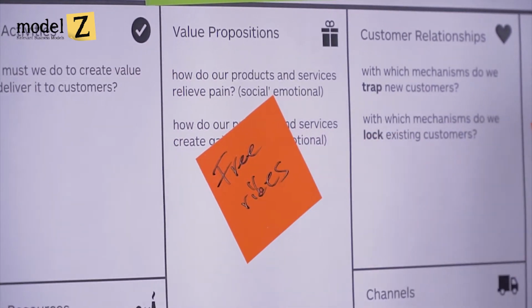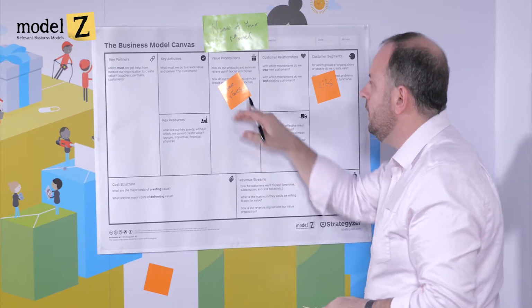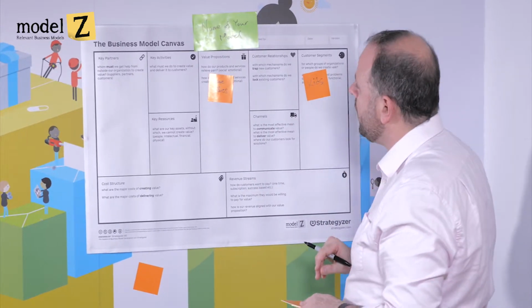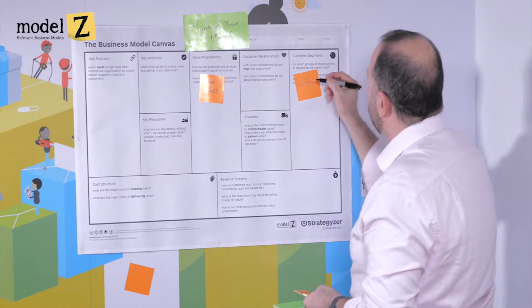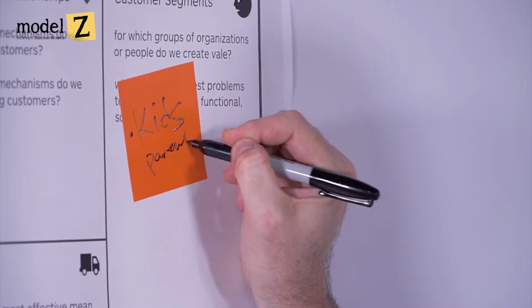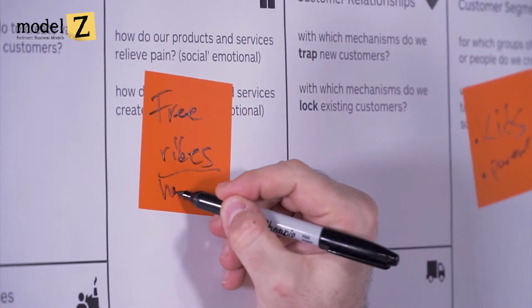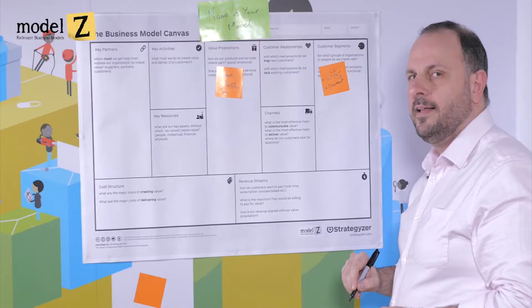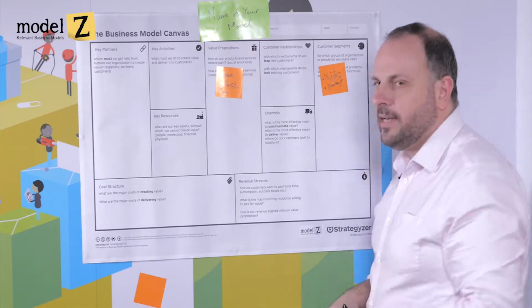Let's say we're talking about a business model that offers them free rides on a carousel in an amusement park. And then we have parents. Oh, but wait a minute. I'll write kids, and then parents, and then free rides, and then happy kids, but you can't do that. That's the wrong way to go.